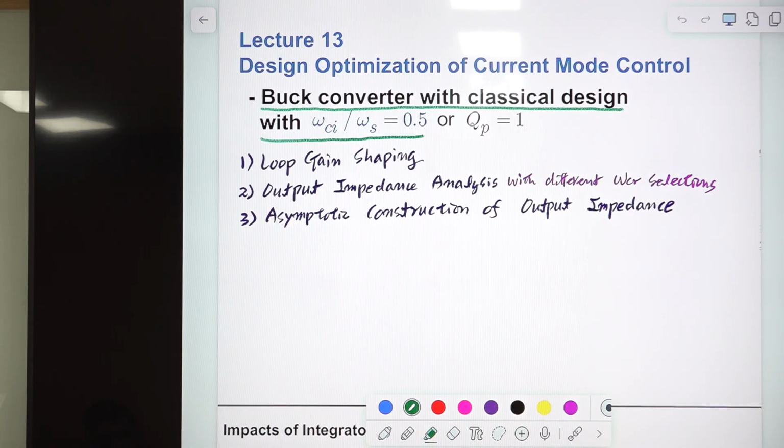I think we covered this more than 2 times, but I'd like to repeat it here. In lecture 14, we finalize everything about the current mode control in non-isolated PWM converters, and we'll cover the current mode control with isolated practical converters, the flyback converter, optocoupler isolated offline flyback converter with peak current mode control, which will be covered in the next semester.